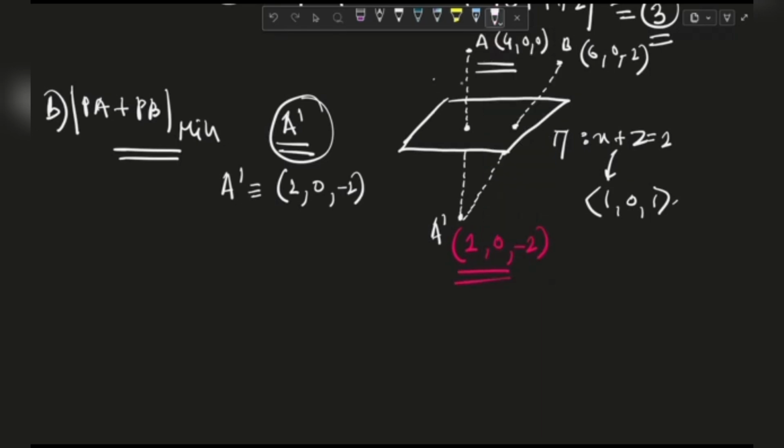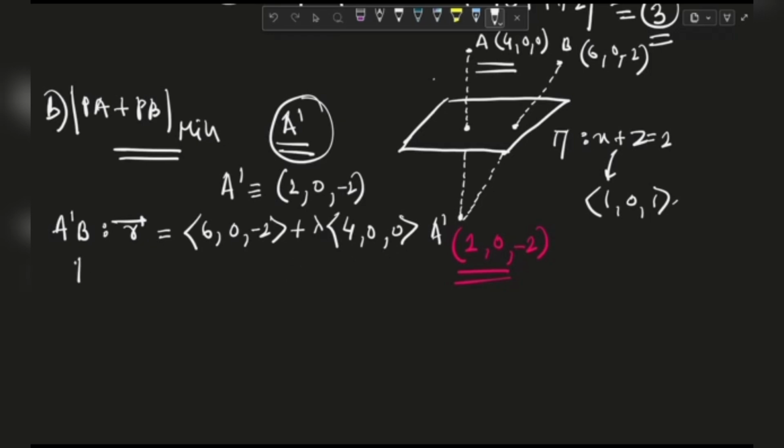So now we will write down the equation for A dash B. So our equation for A dash B will become R vector equal to this point, say B, we take it as 6, 0, minus 2, plus some lambda times the direction vector, which is 6 minus 2, 4, 0 minus 0, 0, and minus 2 minus of minus 2, which is also 0. So this is the equation for A dash B.